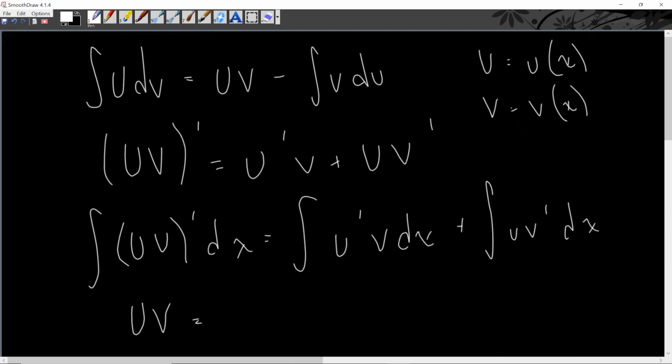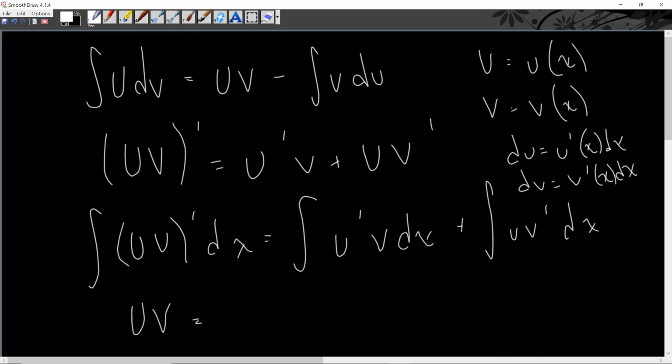Now, if we differentiate both of these with respect to x, you'll get du is equal to u prime x dx, since we're differentiating both sides with respect to x, and then we have dv is equal to v prime x dx.